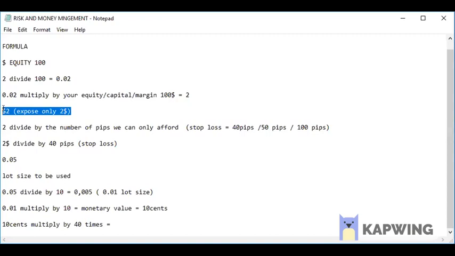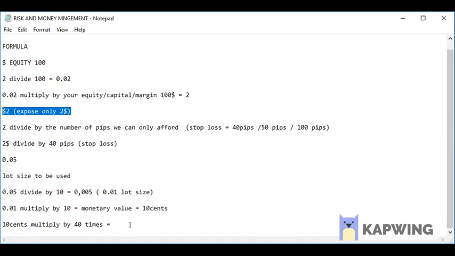A dollar is how many cents? Okay, that's going to be your homework. But you have to come back and see this exposure here.